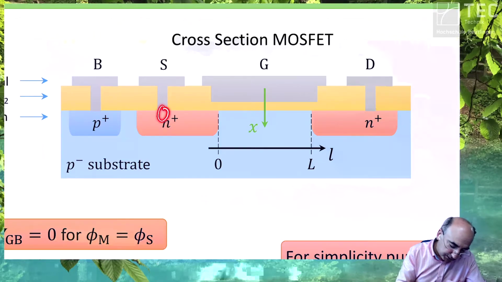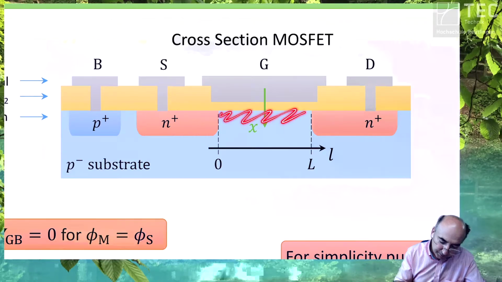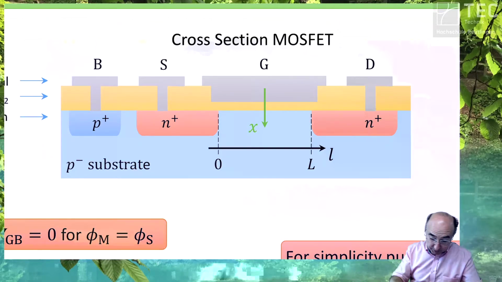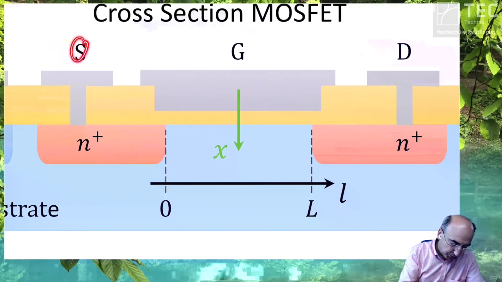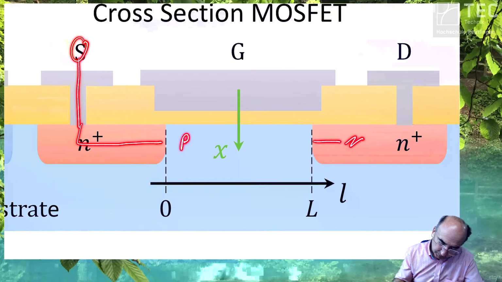So these areas are ohmic contact areas. And this area is a functional area in the semiconductor. And you see now between source and semiconductor, P and semiconductor, metal.